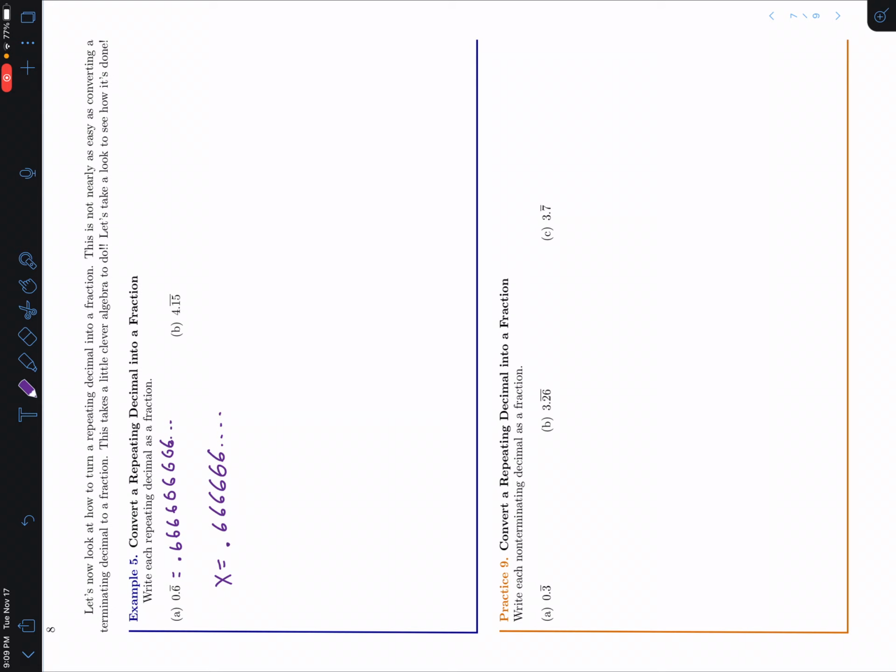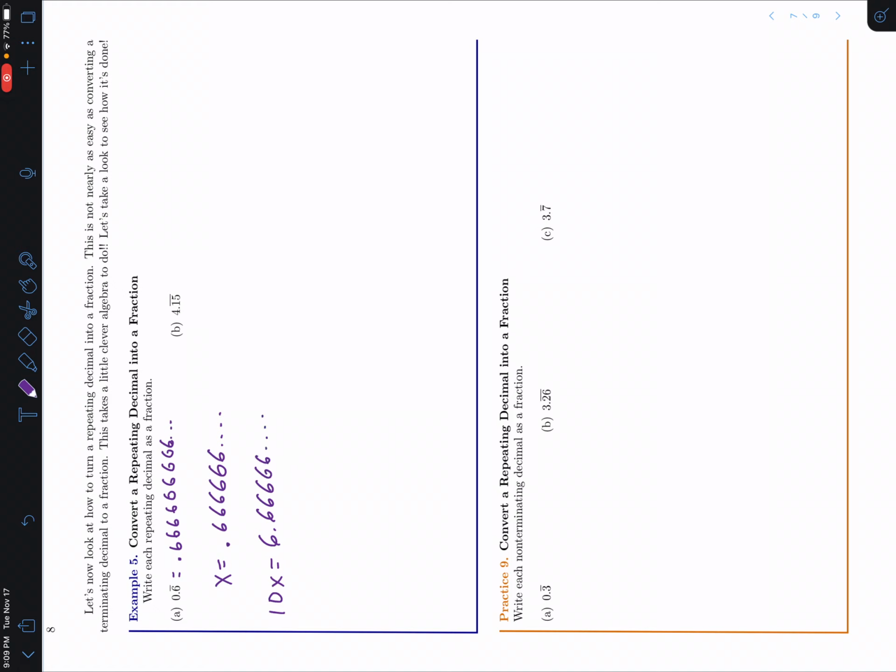When I multiply this by 10, the left-hand side just becomes 10x. But notice what happens to the right-hand side. Since I multiplied it by 10, I'm going to move the decimal point one place to the right, so I'm going to get 6.66666 a bunch of times.